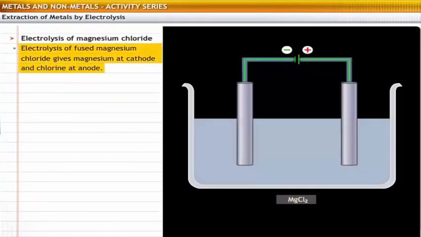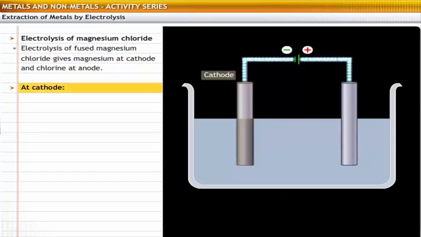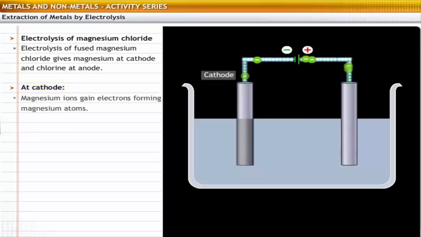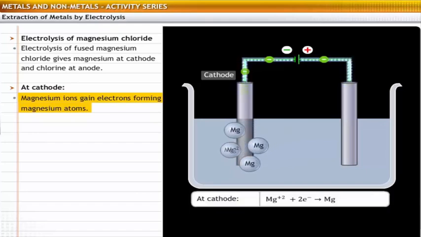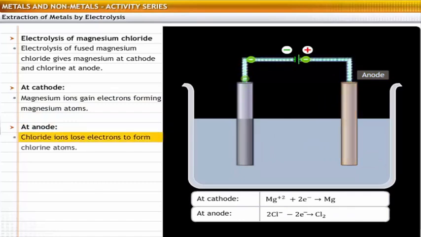Electrolysis of fused magnesium chloride gives magnesium at cathode and chlorine at anode. During the reaction at cathode, the reduction of magnesium chloride occurs due to gain of electrons. Magnesium ions gain electrons forming magnesium atoms. During the reaction at anode, chloride ions get oxidized due to loss of electrons.